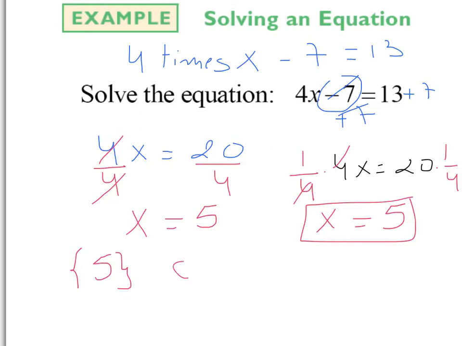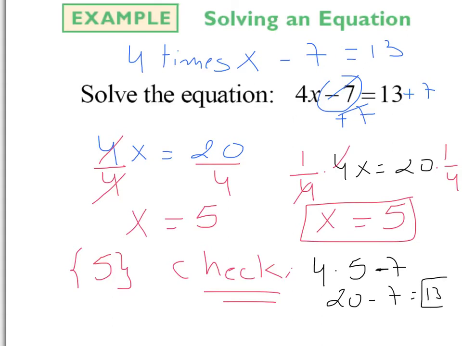If you want to check your result, you can substitute x by 5 and you're supposed to get 13. 4 times 5 minus 7 is 20 minus 7, which is 13. So our answer is correct.